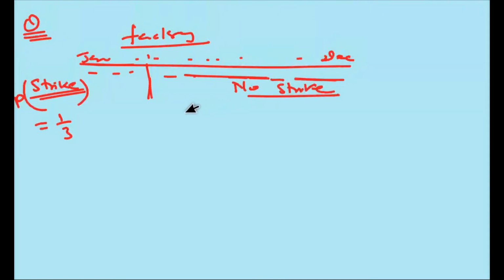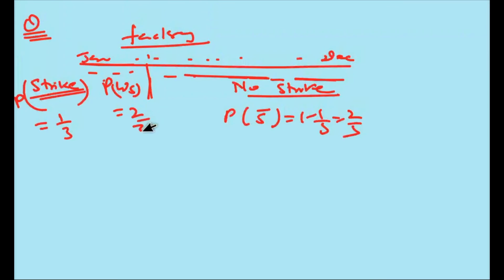So let the probability of a strike be 1 by 3. So the probability of no strike is 1 minus 1 by 3, which is 2 by 3. Okay. Now let the probability of work during the strike be 2 by 3.